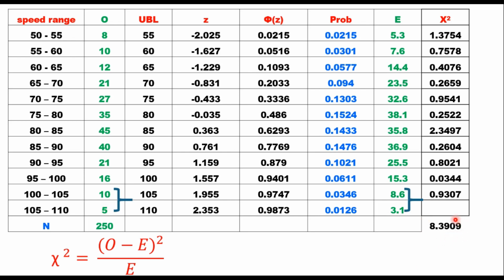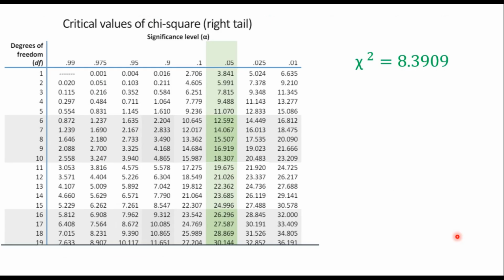This calculated chi-square value is compared with the table value for a given level of confidence and degree of freedom. This is the standard or critical value of chi-square. It depends upon the degree of freedom and the level of significance. The level of significance, alpha, is generally taken as 0.05, and the degree of freedom is the number of rows minus 1.